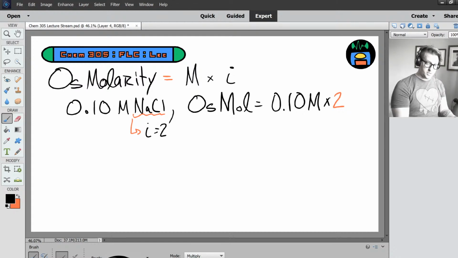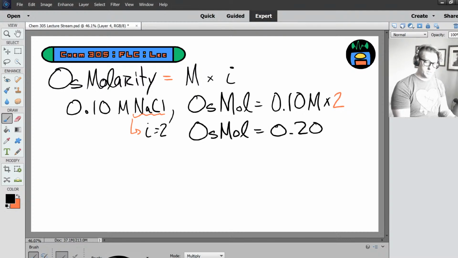So 0.10 molar sodium chloride has an osmolarity of 0.2 osmol.